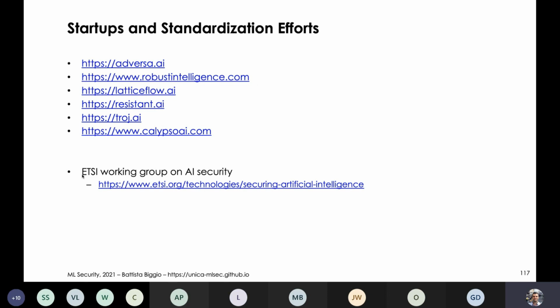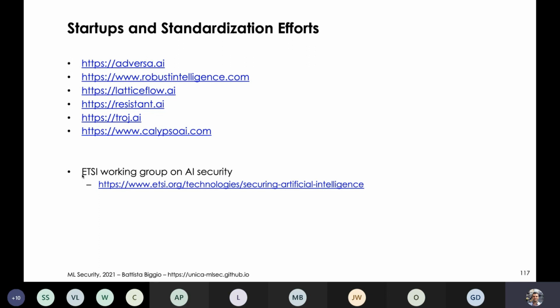Of course, all of this is boosted by the fact that the European Union is investing a lot of money, funding a lot of projects in the area of trustworthy AI, which includes robustness as one of its pillars, but there are also others. So there is a political force pushing this research field and the development of industrial standards and companies as well.